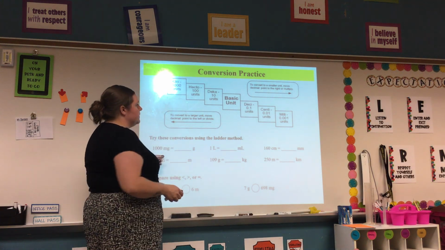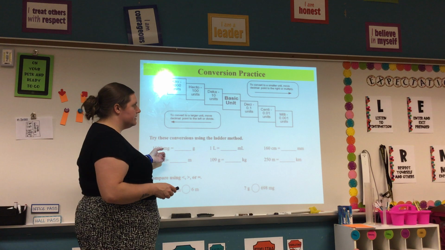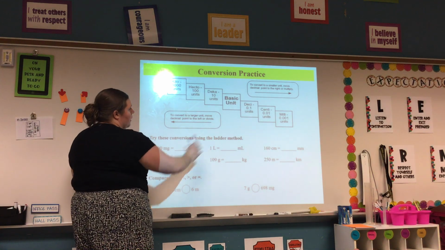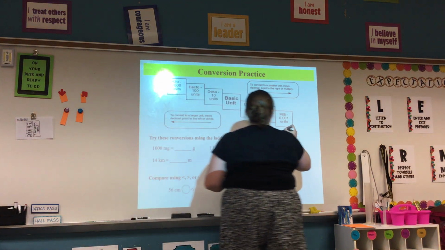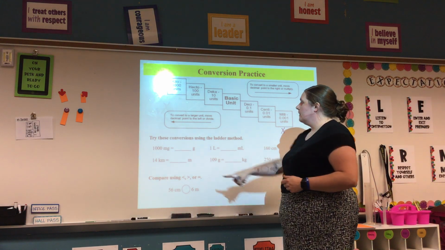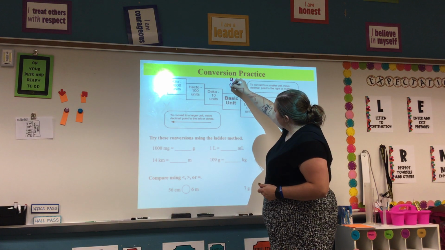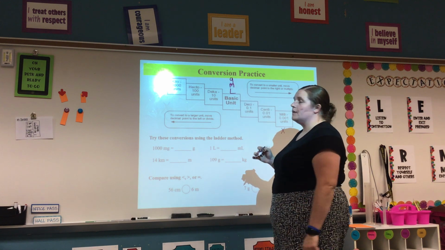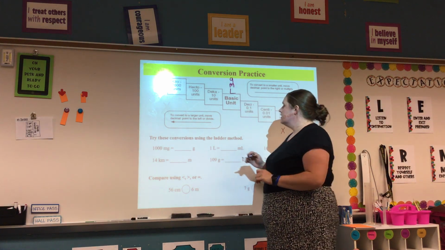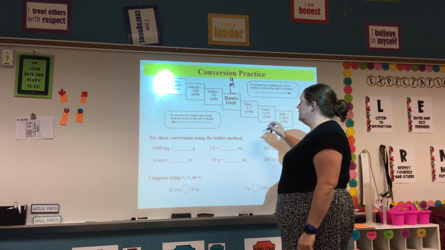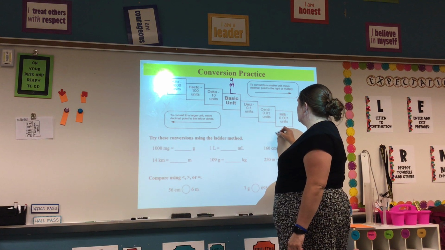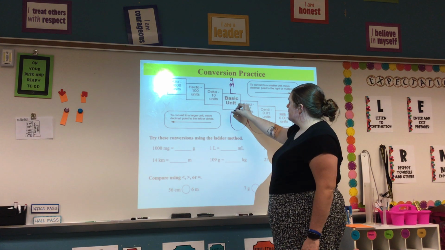It says 1,000 milligrams, so we need to find where milli is. Milli's all the way down here, so this is going to be our starting point. Then it says we're going to grams. Remember, it told us that grams, meters, and liters are in the middle. They're your basic units. So we're going from milli all the way to grams. 1, 2, 3.